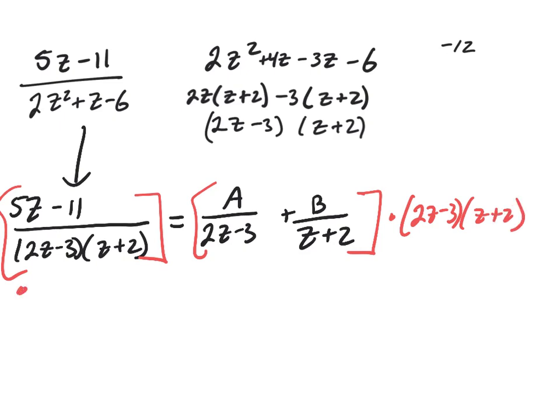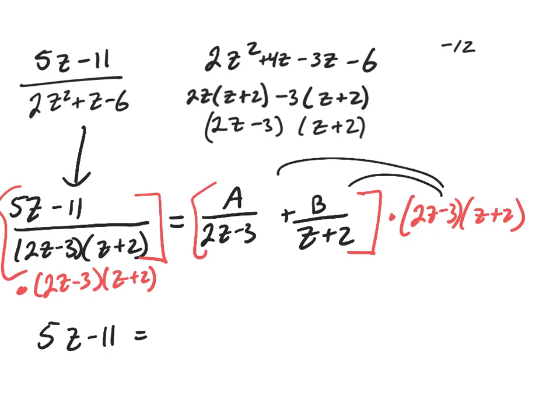I'm just going to write it underneath for the sake of space. On the left-hand side, that cancels out just like we want, and we'll be left with 5z minus 11 equals, and then we've got to figure out what cancels out when we do this distribution.